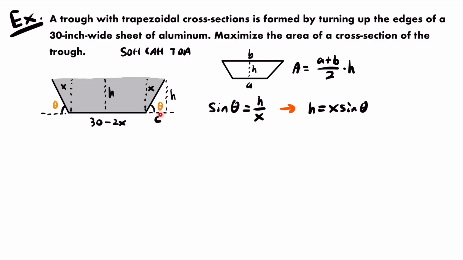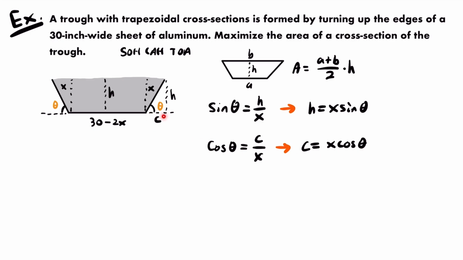Then you could relate that side to x and theta using a trig function. In this case, c is the adjacent side, so cosine is the function that we would want to use. Cosine of the angle is the adjacent side divided by the hypotenuse. So cosine theta is equal to c divided by x, which then if we solve for c, we'll find that c is equal to x times cosine theta.